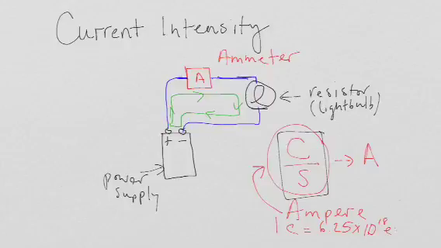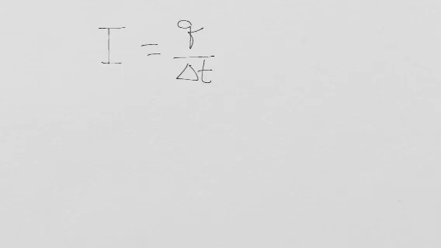If I say that 1 amp, 1A, is going to be equal to the number of coulombs per second, and I'm telling you that A represents the intensity of the current, I already know what my units are here.